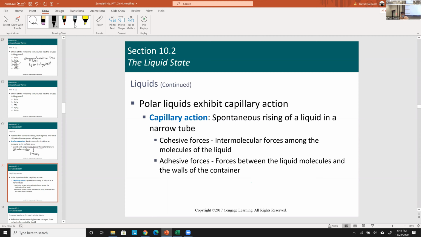Capillary action is the rising of liquid through a narrow tube. Who's ever seen capillary action before? You can have little glass capillaries, which are used in labs a lot. I use them all the time. Basically, you can dip them in. It doesn't really work with a straw because it's too thick.